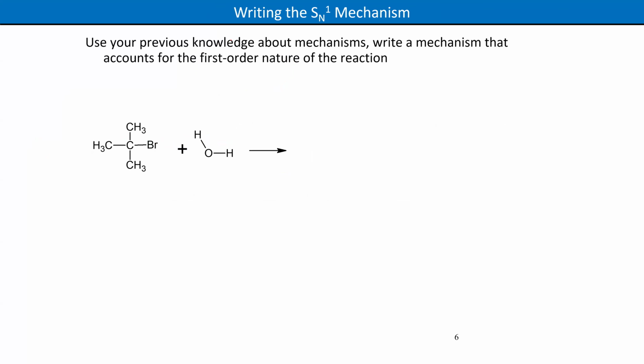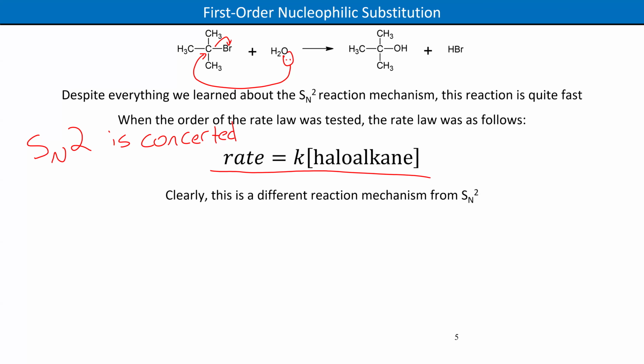So if it was second order, this basically is the mechanism. It's a little bit more complicated because there's a proton transfer step, but I'll start by writing out the mechanism for this reaction as an SN2. And then we'll try doing it for the first order reaction.